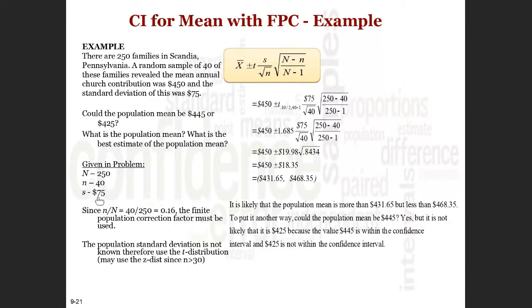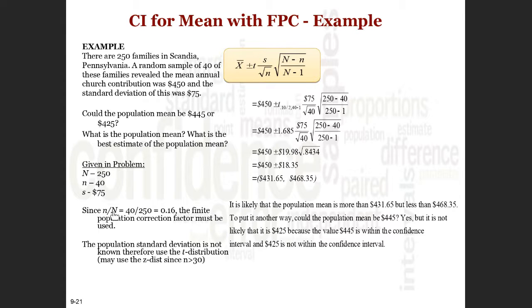And the standard deviation, s, is $75. This is all given. And I'm just going to mention something. When you have a problem, write down what's given, because obviously what you're going to have to find is what is not given. Okay? So, what can we do with these numbers?